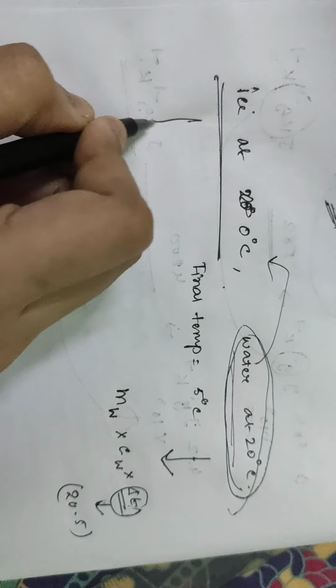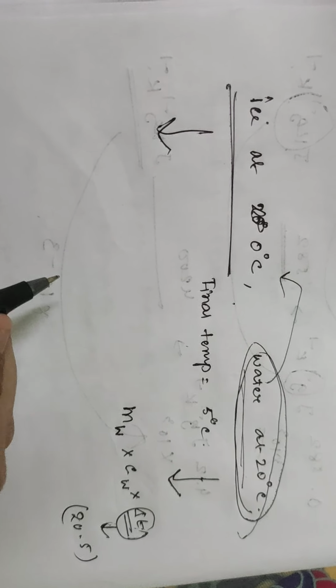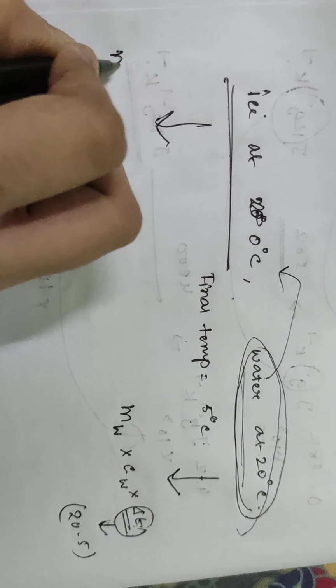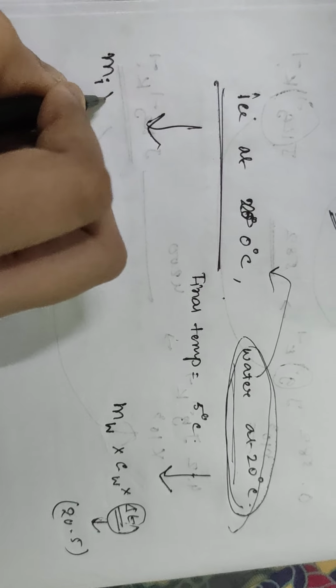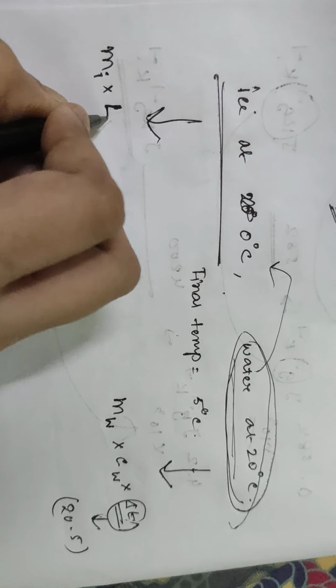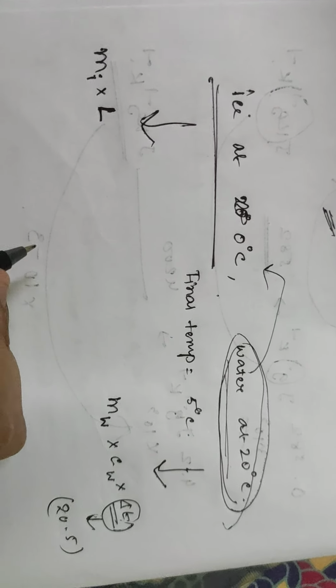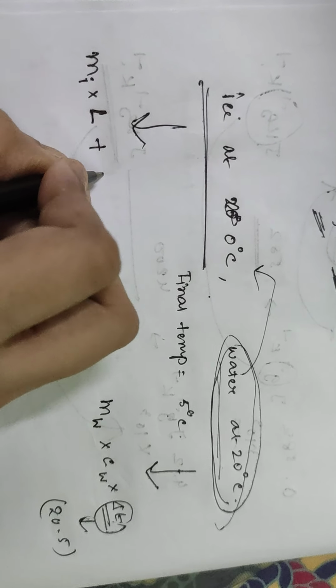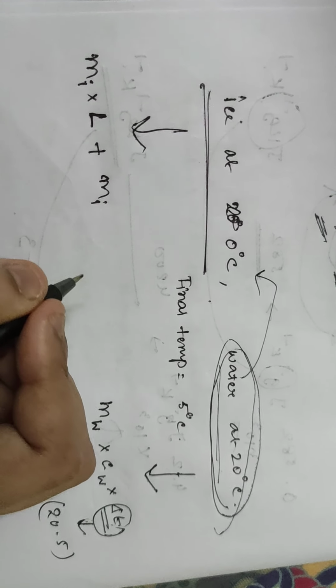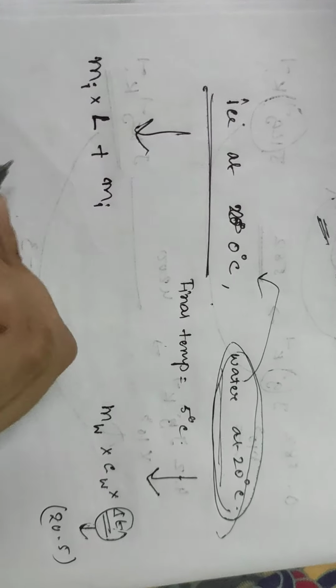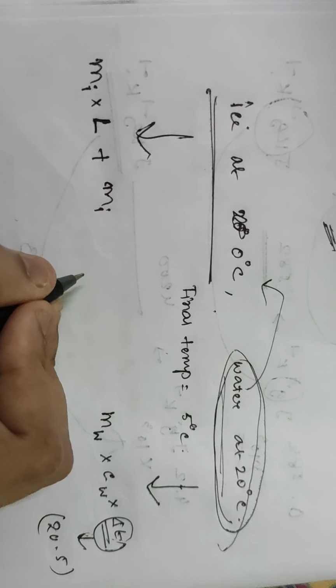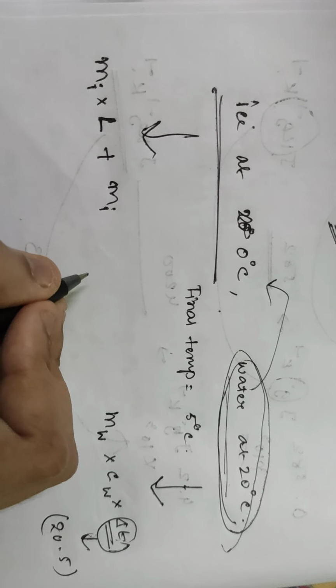Again, heat gained by ice will be, first it will gain heat, same mass of ice, into L, specific latent heat of fusion of ice, to change its state, then it will change the temperature. The same amount of ice which has converted to water, that amount of water will change its temperature.